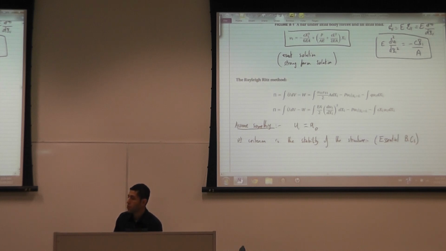For a beam under axial load, the essential boundary conditions are only the displacement. So at x1 equals 0, u1 equals 0, which will give me this constant equals 0, which will give me the trivial solution. And so this approximation is actually not accepted.